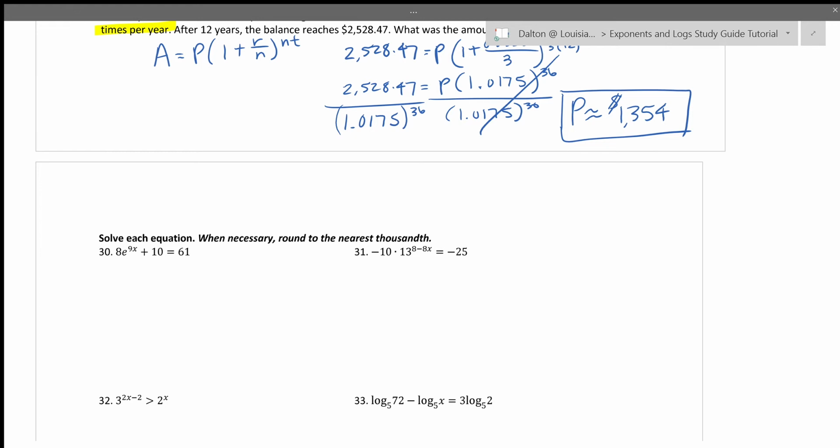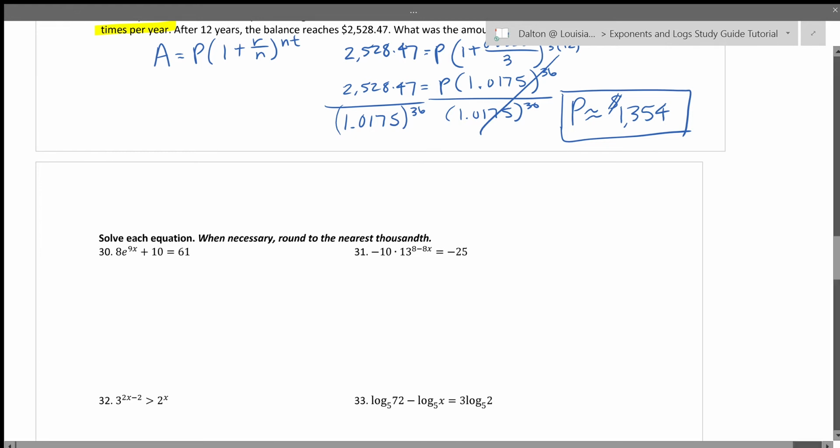But if your variable is, I like to say, stuck in an exponent, we want to isolate that exponential term first.